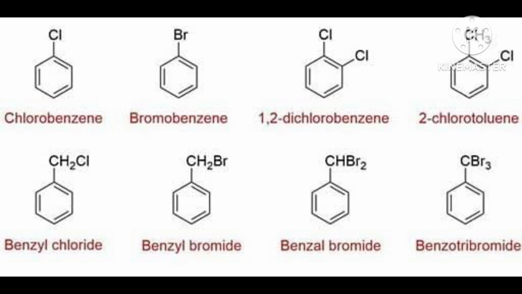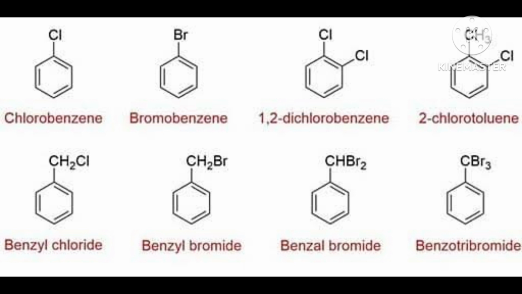In geminal halides, halogen atoms are present on the same carbon atom. This I told you, geminal halides. And the other type I am talking about is vicinal halide. Vicinal.